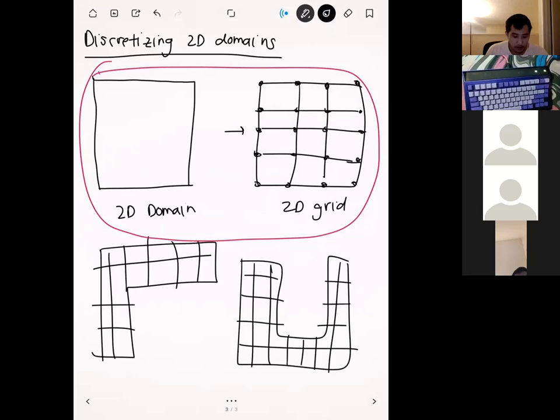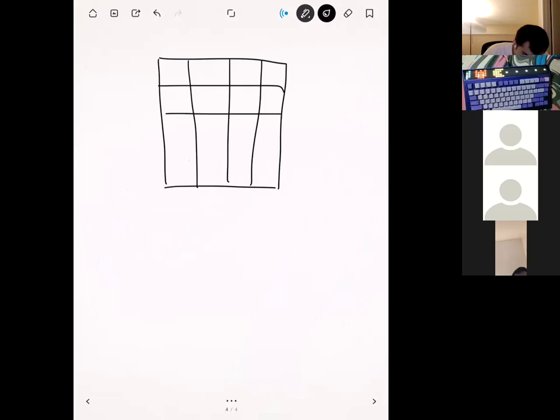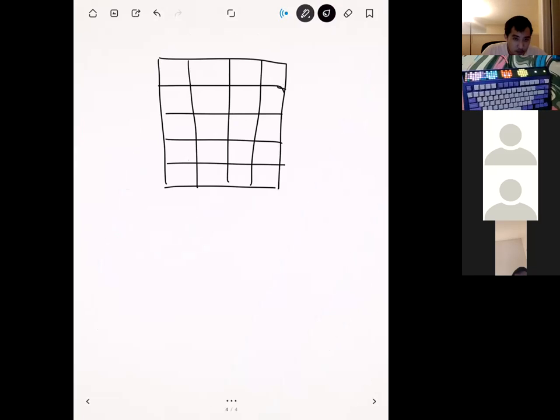All right. With that said, let's start putting some names to all these things and specifying things. Let me draw our waffle again. And so here is our 2D domain. Let me specify some things.